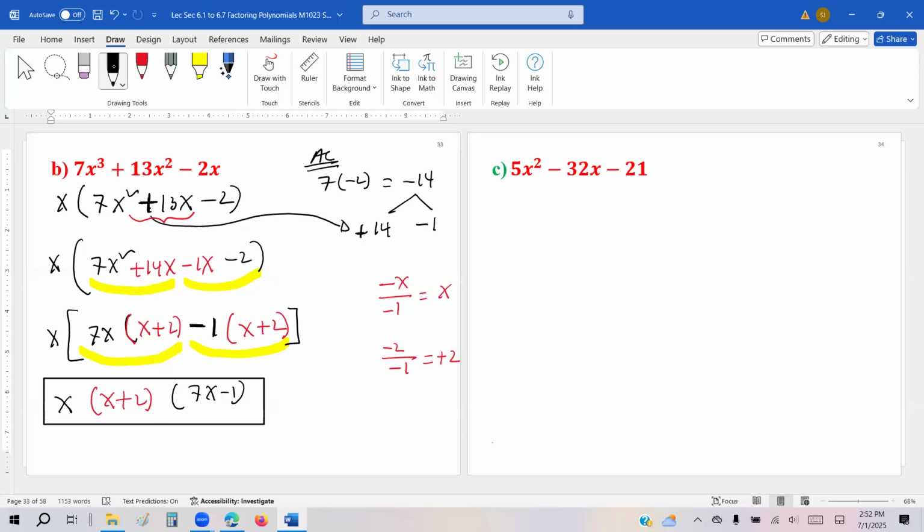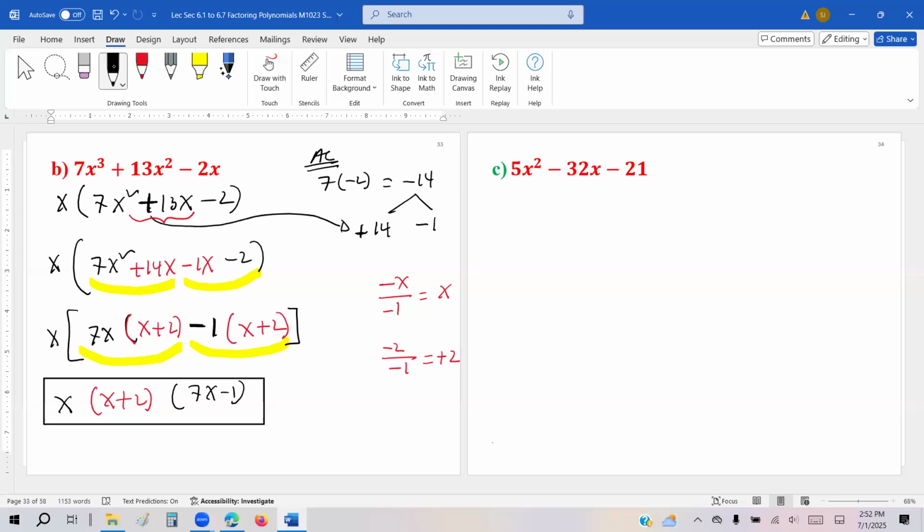Sorry. So if you pulled out the negative, we pulled out the negative 1 here in this group. So from here, we pulled out negative 1. So this negative 1x turns into positive 1x. And this negative 2 turns into positive 2.